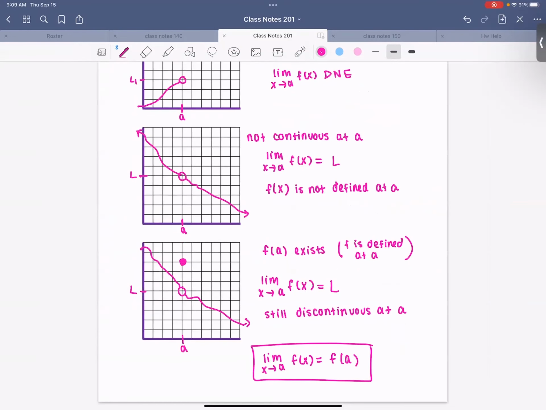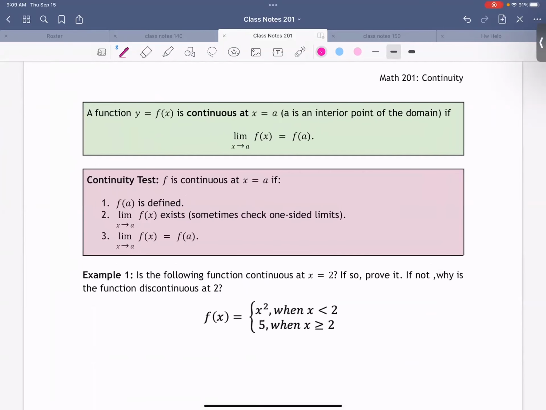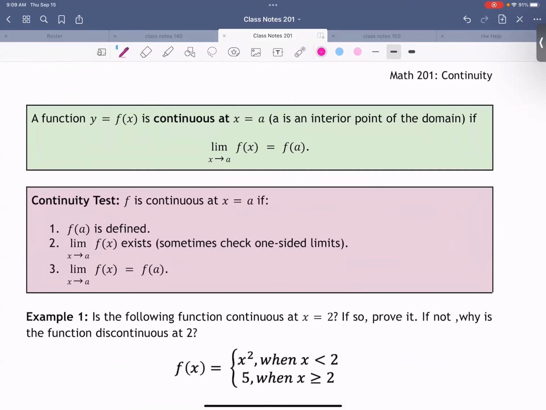Okay, and that's the definition of continuity. We'll look at more examples, but let's just go to the mathematical definition of continuity. This green box here is the definition of continuity that if you're a math major, you'll probably use in the future. We're continuous at x equals A if the limit of the function equals the function value at A.